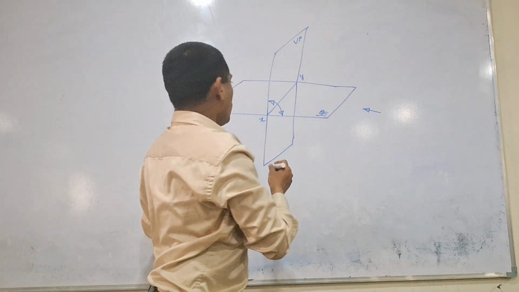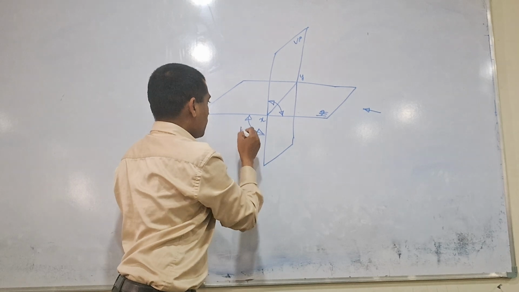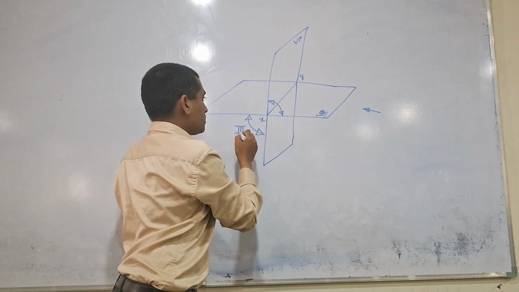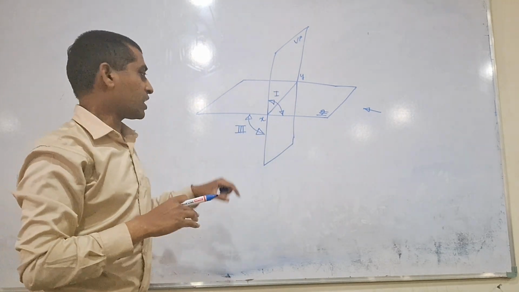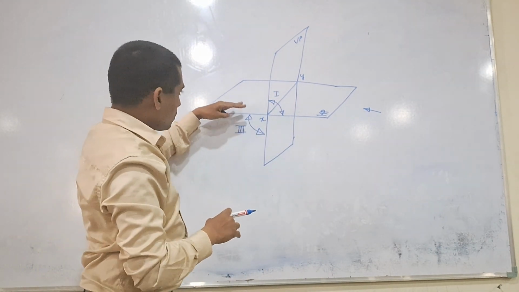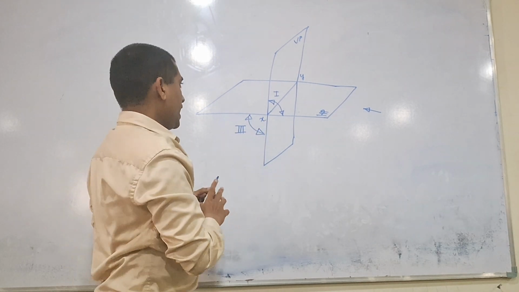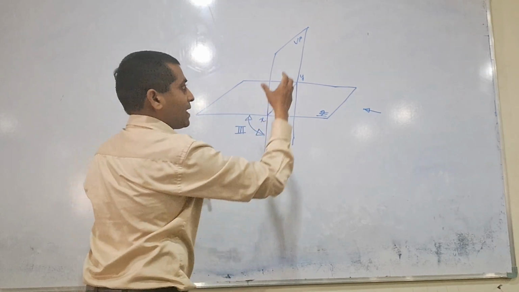And this space we call the third quadrant. So this is the first quadrant and this is the third quadrant. Third quadrant space means below HP, behind VP.